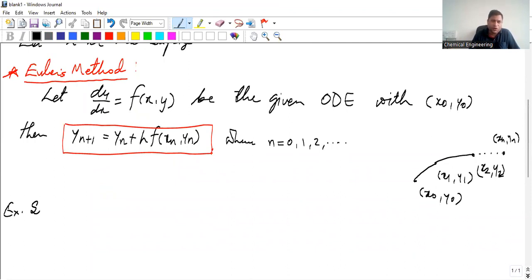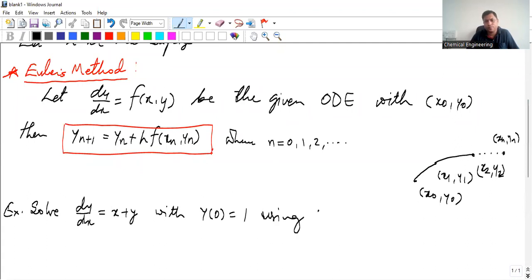Solve dy by dx is equal to x plus y with the condition y at 0 is equal to 1, using Euler's method at x is equal to 1. So that's what the problem is.